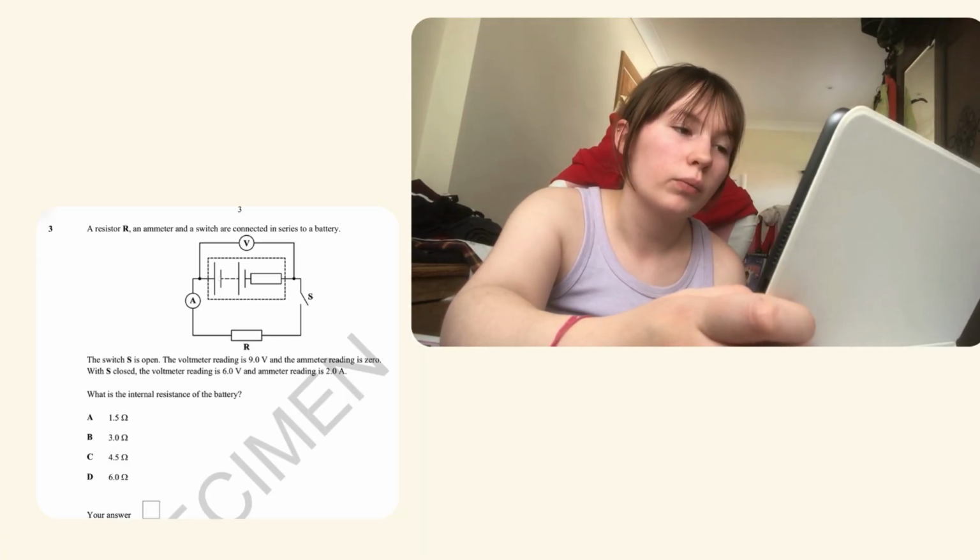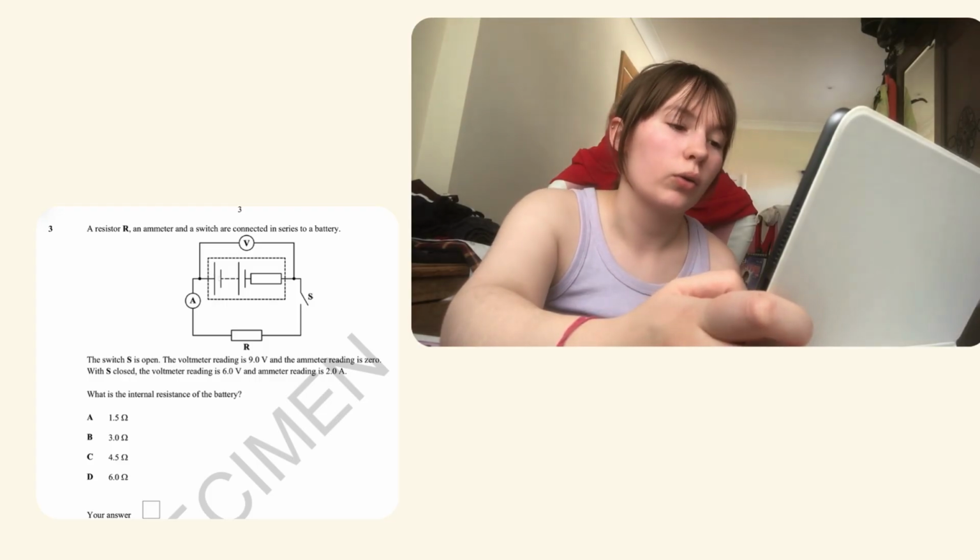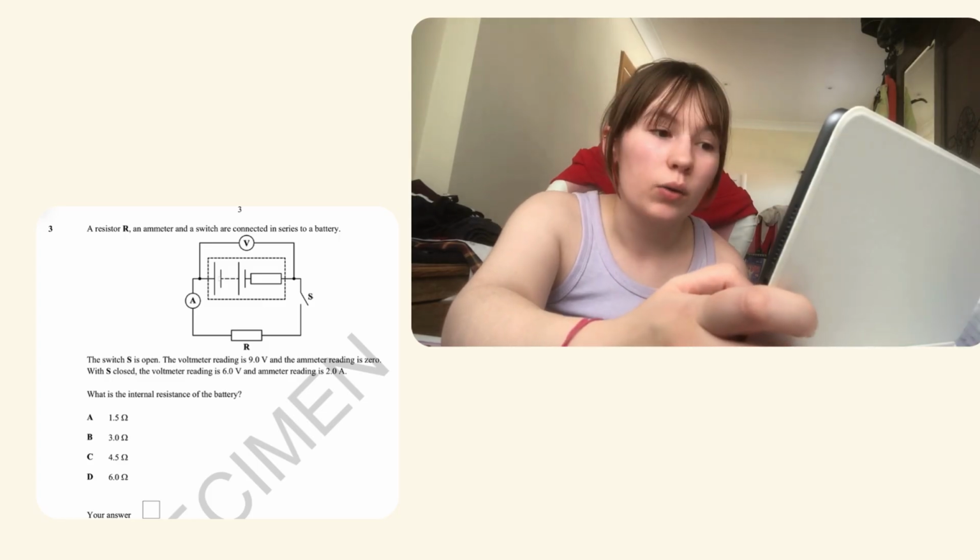Question 3. A resistor R and an ammeter and a switch connected in series. What's the internal resistance of the battery? Immediately we're finding lost volts.